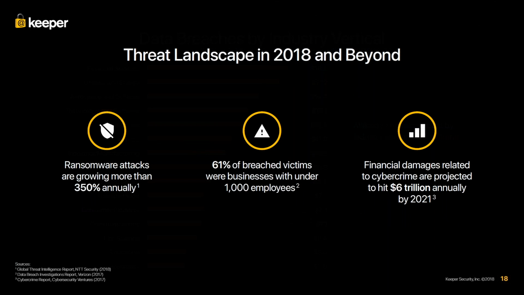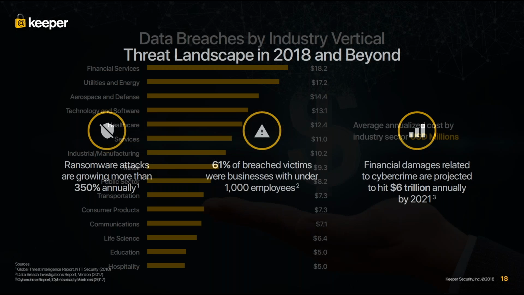So it's a really great thing that we're seeing more technology come in to help SMBs. Next is that financial damages related to cybercrime are projected to hit $6 trillion annually in just a few years. That is just an incredible number. So this is big business, and it's really impactful on a lot of different levels.